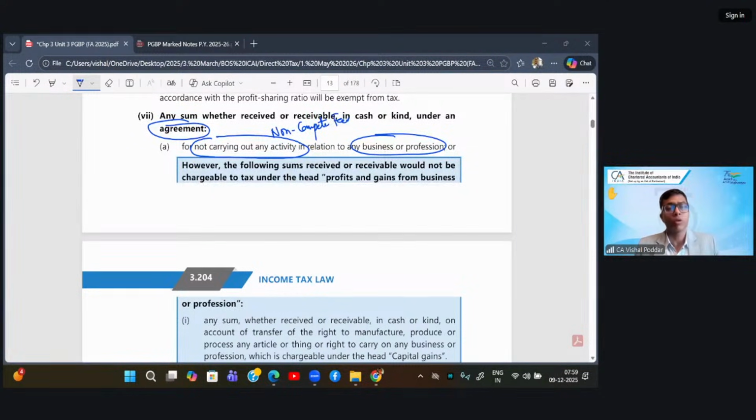But answering your question, beta, we are updating our past material for tax. So as far as tax is concerned, you just have to follow the latest material which we are regularly uploading. And in case you are taking any past material, fortunately, between the past Finance Act and the current Finance Act, there is not a very big difference.